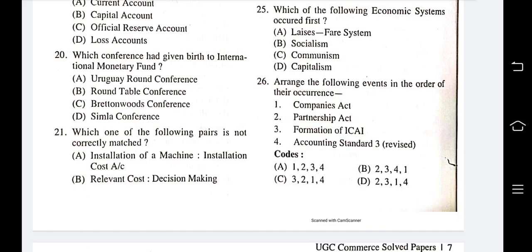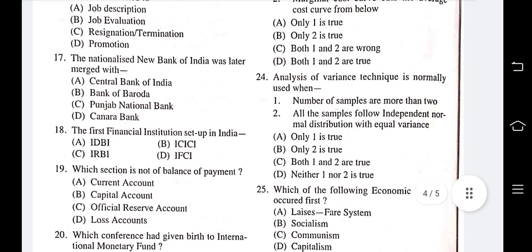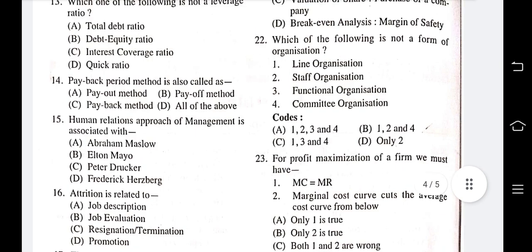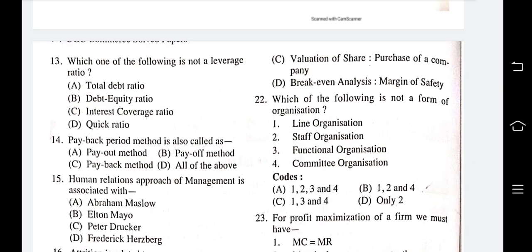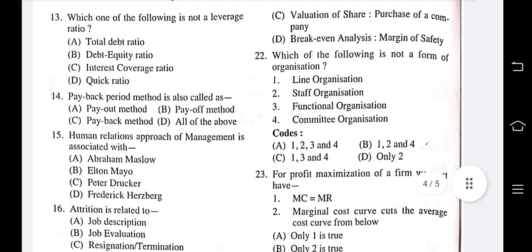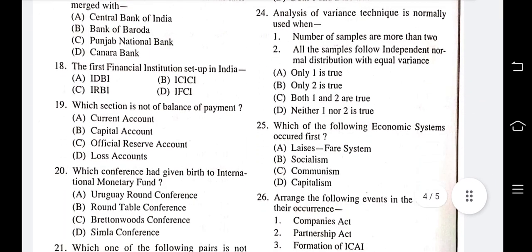Which one of the following pairs is not correctly matched? Here, options are installation of a machine, installation cost account; relevant cost, decision making; valuation of share, purchase of a company; break even analysis, margin of safety. These all seem to match, which one is not matched?